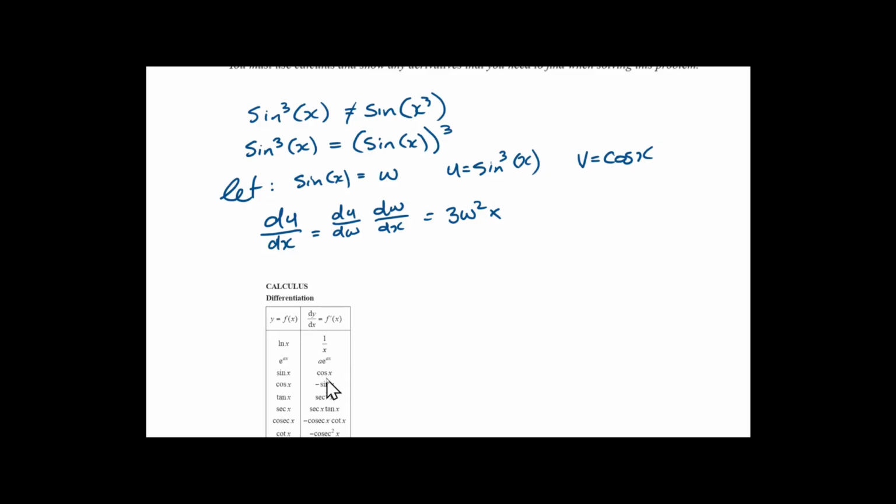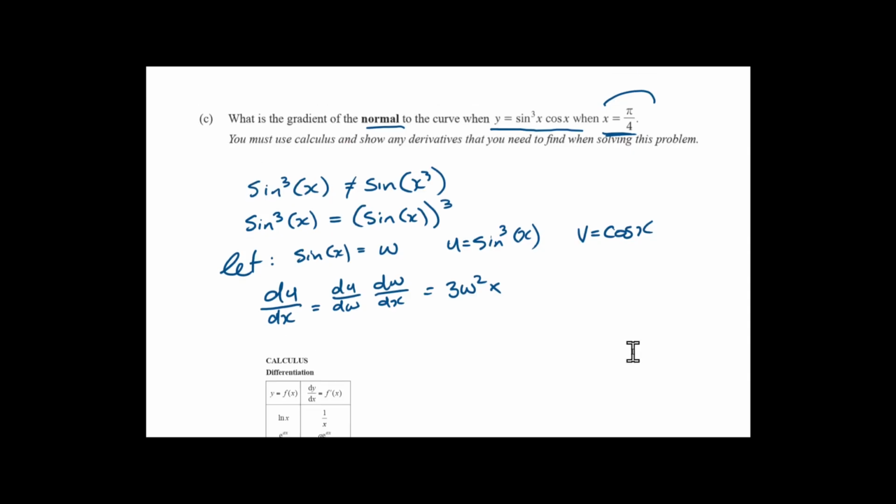So sine x, when we differentiate it, it becomes cos x. But we didn't have w when we started. w was sine of x. So 3 sine squared of x cos of x. And that's du. So that's u done.